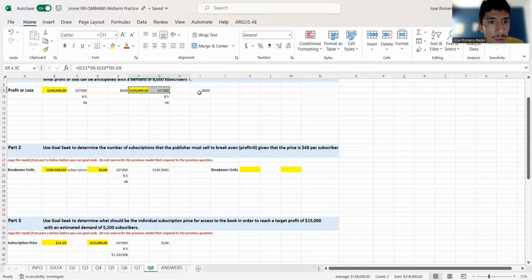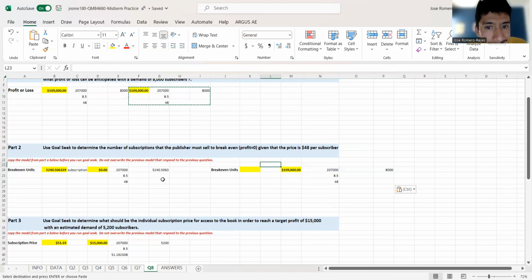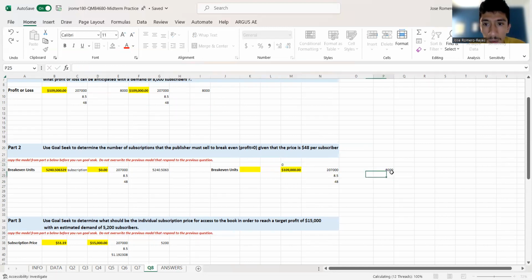Copy the model over here and just paste. Okay. So we're goal seeking the number of subscriptions so that the profit is equal to 0. We're going to goal seek this number.